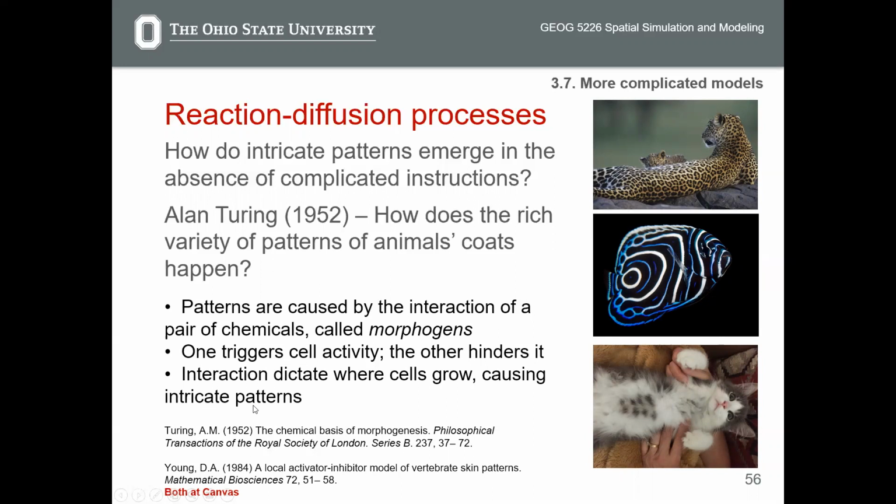So it's a very simple theory. There is only a pair of chemicals. One is trying to grow, another one is trying to hinder this growth. And this very simple interaction, this very simple set of rules, could create very complex spatial patterns on animals' coats.